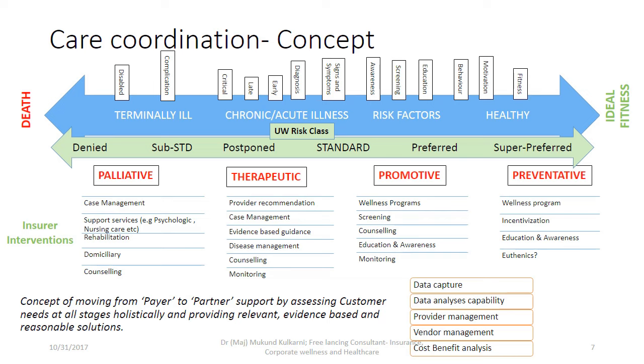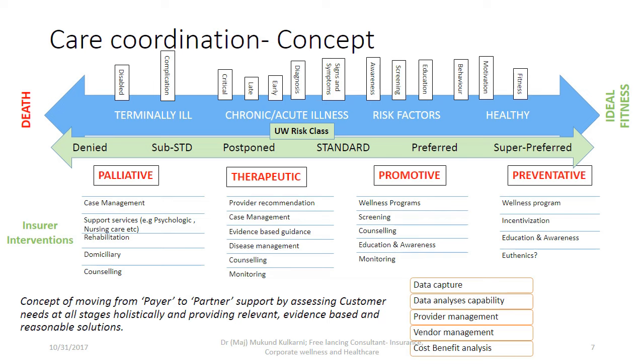Now this is an important segment out of the four, because this is something which would have a high tendency to fall on the left side if not controlled. And again, the concept is that it's not only the healthcare provider's responsibility to improve the health of your insured customers, and that's where the concept of partnering comes into the picture.